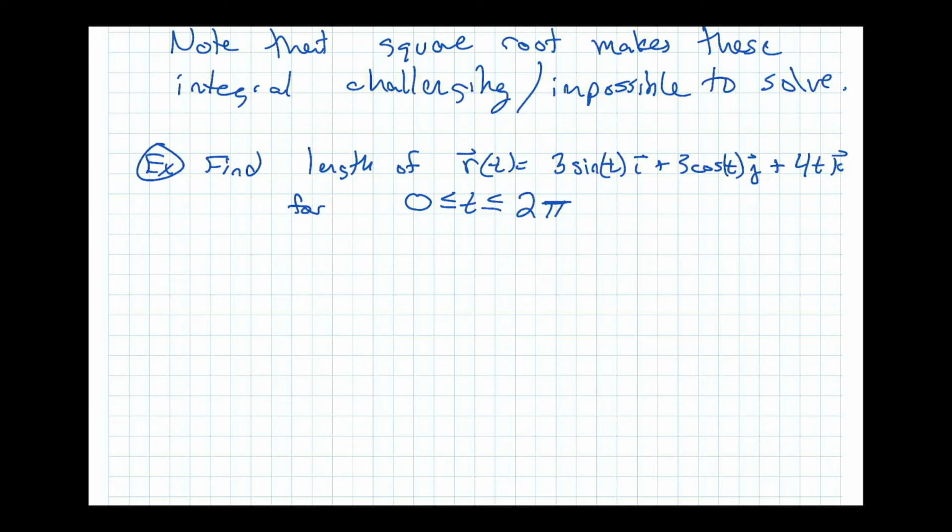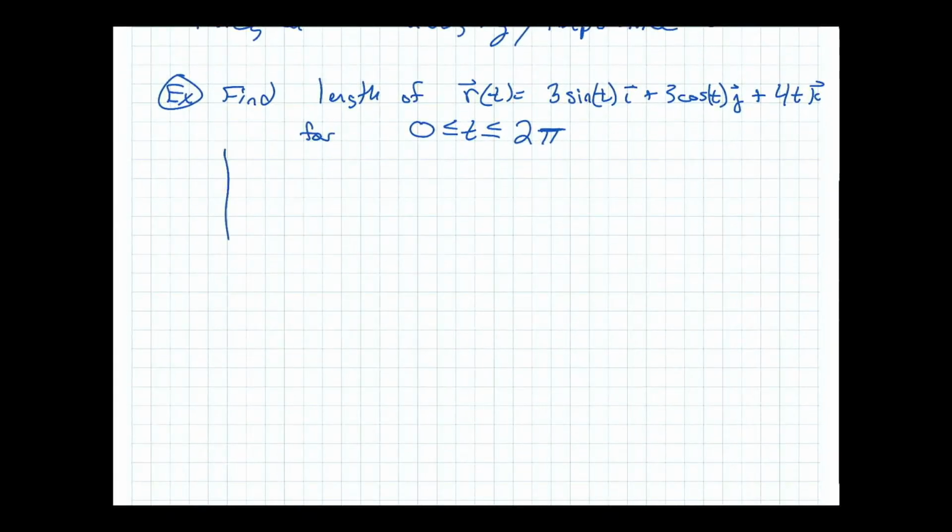Okay. And you might remember what this kind of shape is, right? Where you've got a sine, a cosine, and then a constant times t. The sine and the cosine make circles, and this just increases. So what you get is a helix.